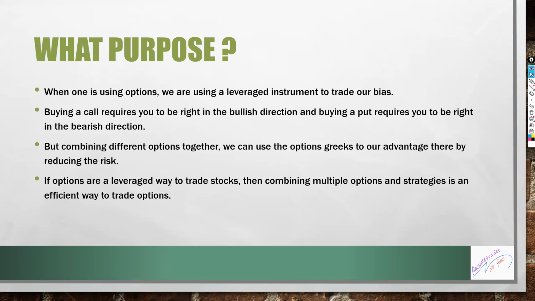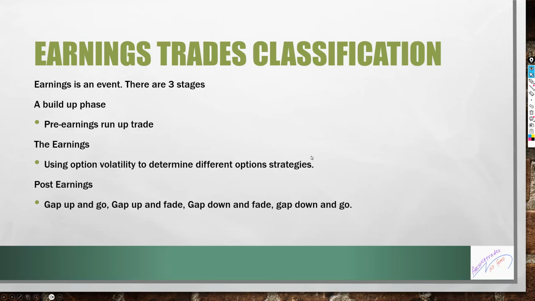If options are a leveraged way to trade stocks, then combining multiple options and strategies is an efficient way to trade options, okay? So you're talking about efficiency on a leveraged product. That becomes more capital efficient when you are combining multiple options, okay?